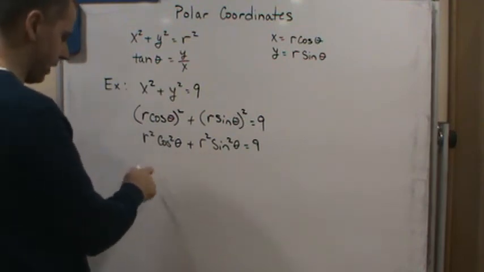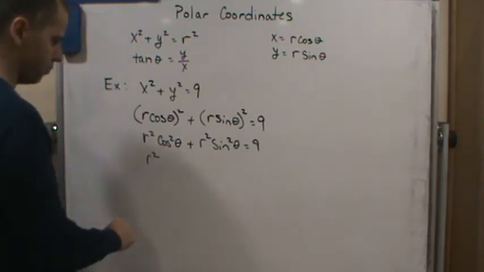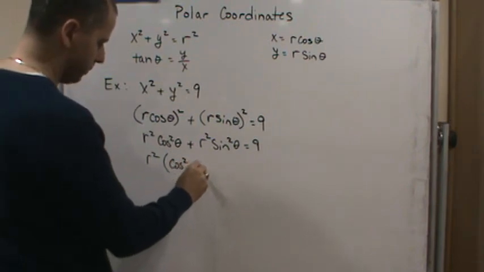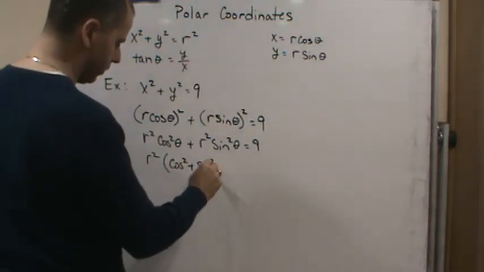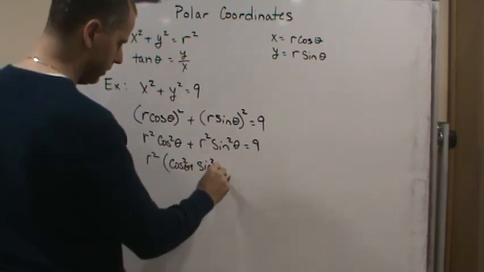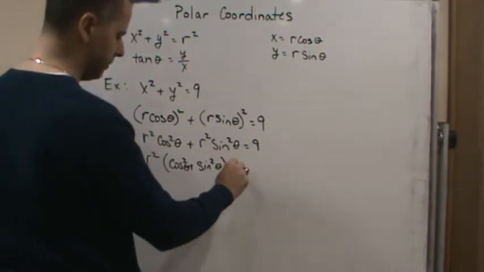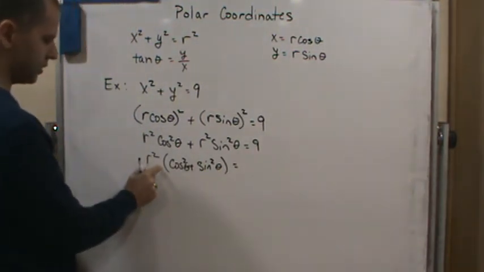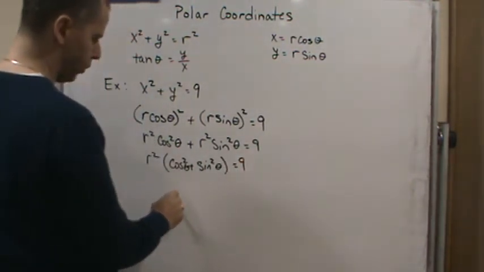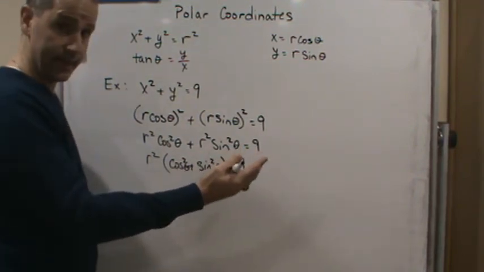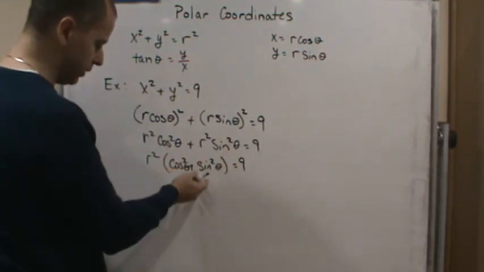And now I'm going to factor out the r squared, and I get cosine squared theta plus sine squared theta, times r squared, equals 9. And of course, cosine squared theta plus sine squared theta is the Pythagorean identity, which is equal to 1.